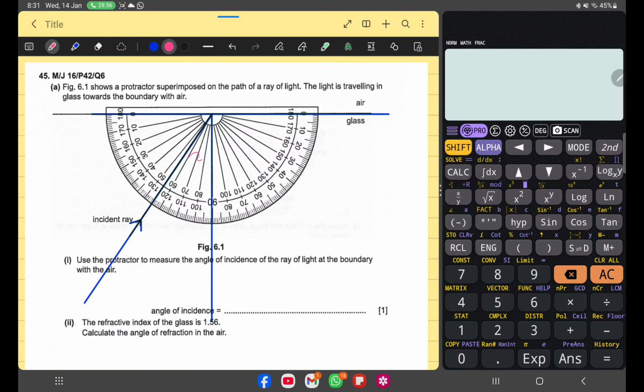So Amna, can you read this angle? Amna, are you trying?